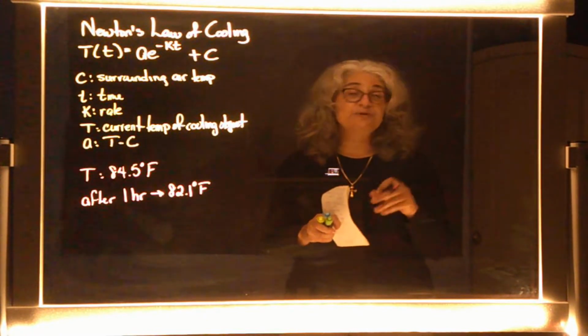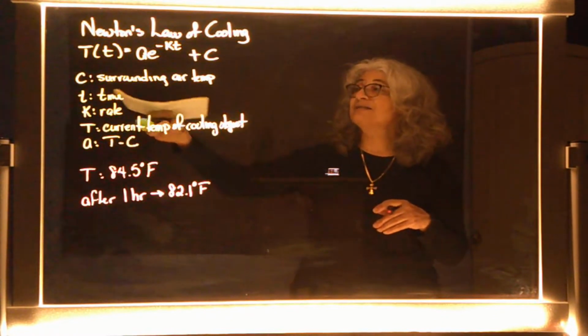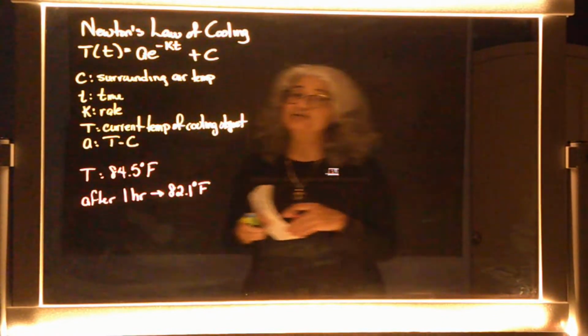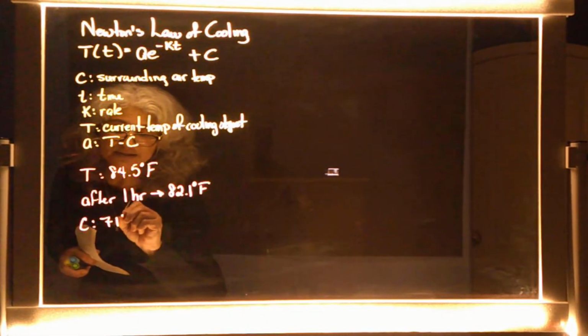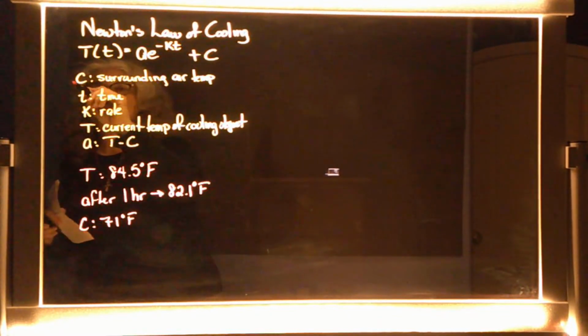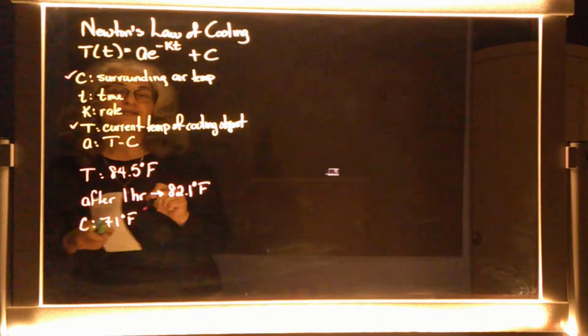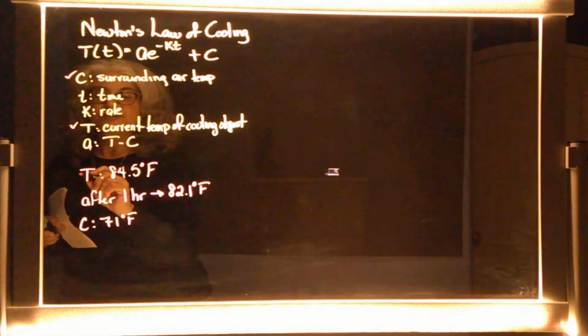She notes that the room temperature is 71 degrees Fahrenheit. Yeah, that's the surrounding air temperature, right? So they gave me C was 71 degrees Fahrenheit. So they gave me C and they gave me capital T. I'm noticing A. A is the difference between capital T and C, right?